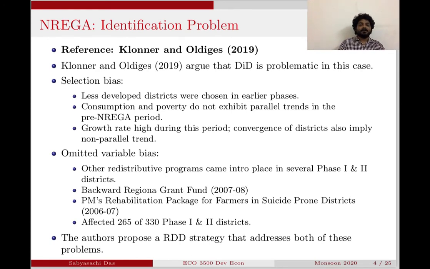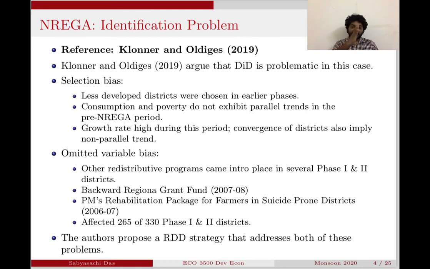So the authors claim that about 265 out of 330 phase 1 and phase 2 districts receive these other programs, which would also benefit these districts. If we don't take that into account, then we'll be attributing changes in consumption or reduction in poverty to NREGA. Part of it should go to some of these other programs, right? So we'll be overestimating the effect of NREGA if we don't consider this.